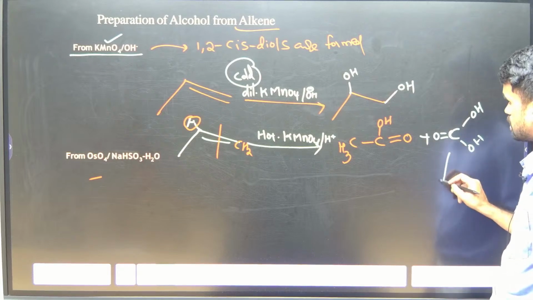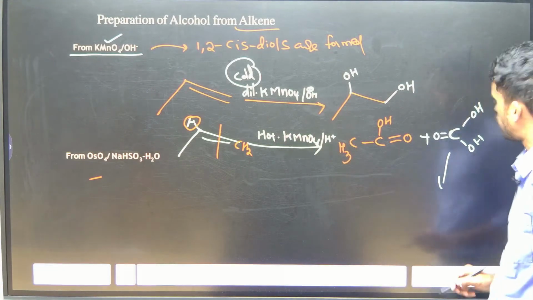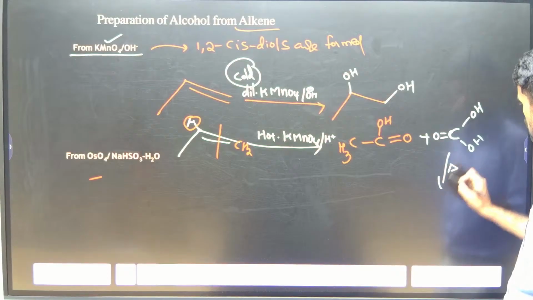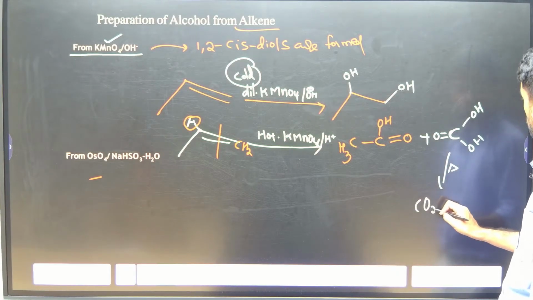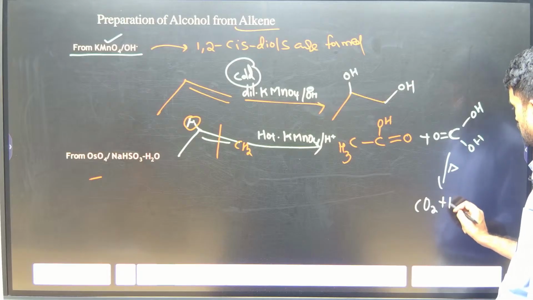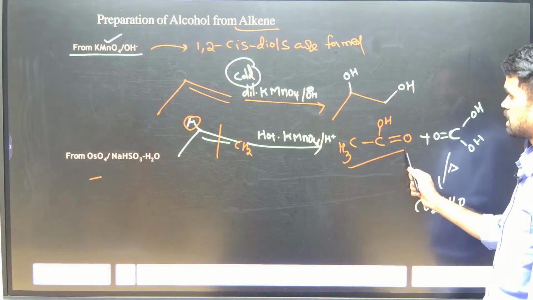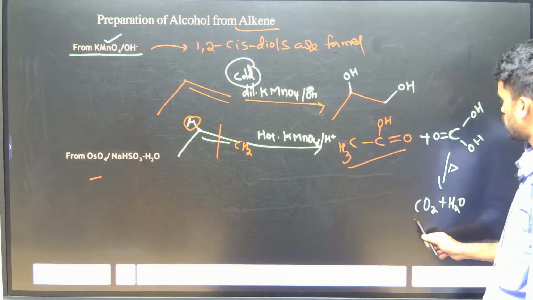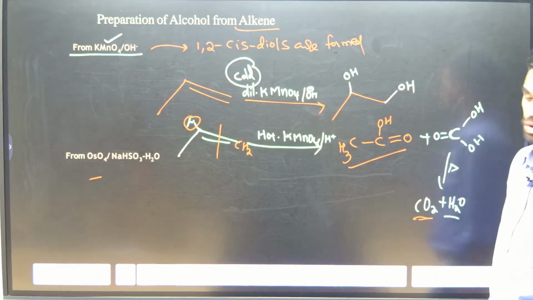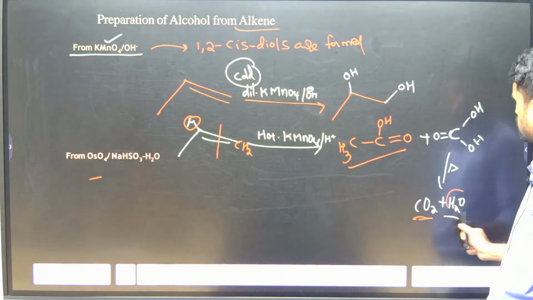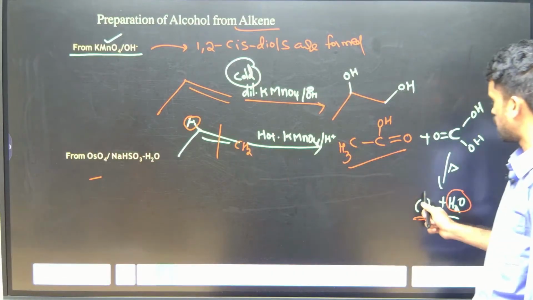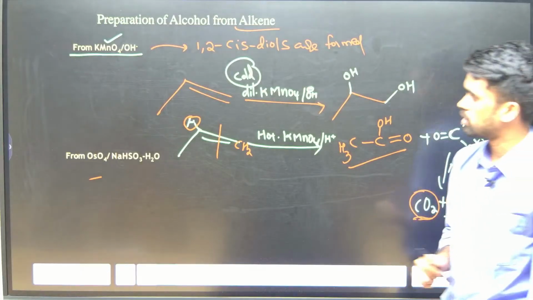Since we are heating it, hot KMnO4, upon heating, this is not formic acid, this is carbonic acid. Carbonic acid gives CO2 plus H2O. These are the products. So acetic acid is formed, and this side it is giving you carbon dioxide and water. Two hydrogens are converting into water and the carbon is converting into carbon dioxide. That's it. This is what you need to understand here.